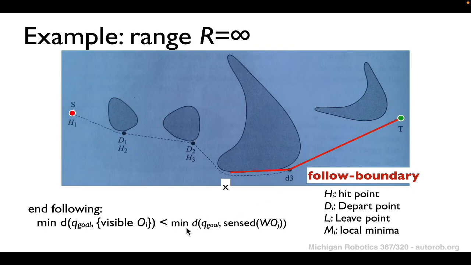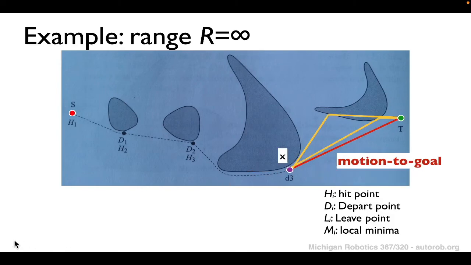That distance is going to be less than the distance from the goal to the sensed world object over the set of world objects that it's seen, which is going to be left at the local minimum where it was initially found towards where my cursor is currently. And so at that point, it would end the wall following behavior and move back towards motion to goal behavior, which would ultimately result in a straight line path at that final segment to the target, indicated by this segment here.